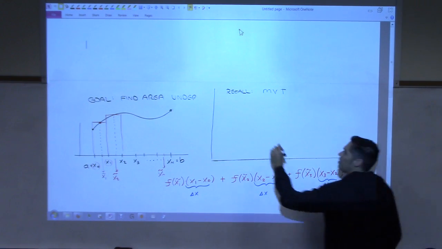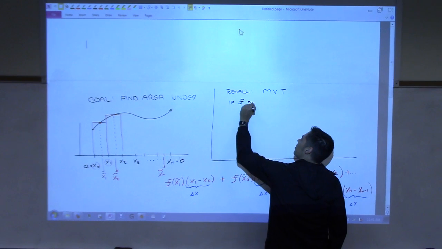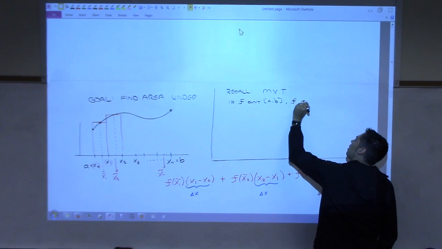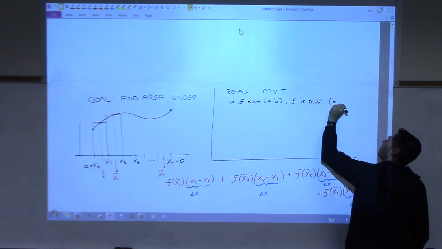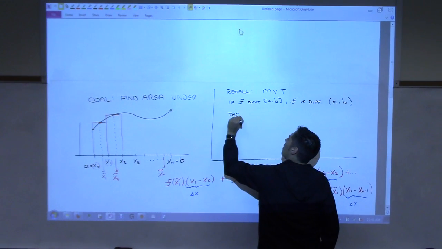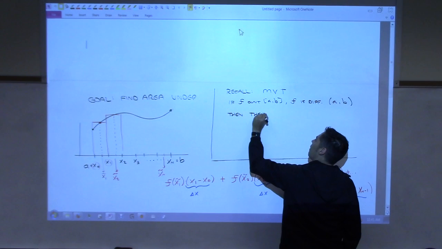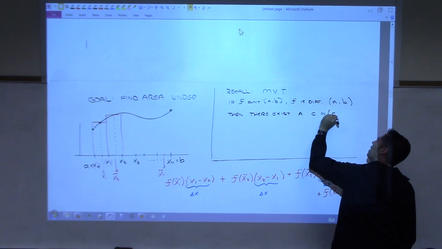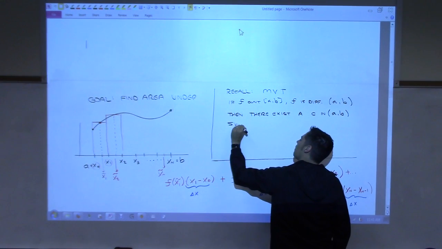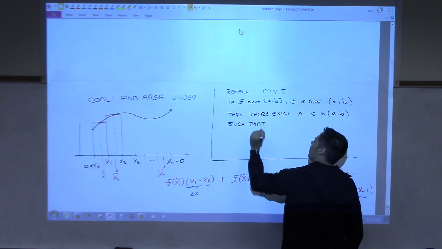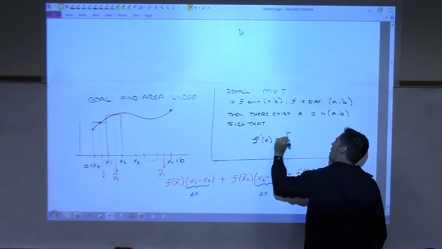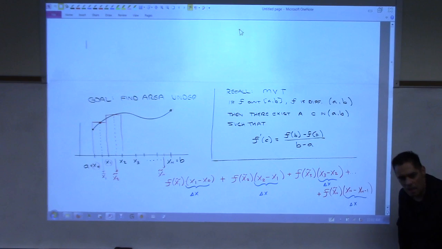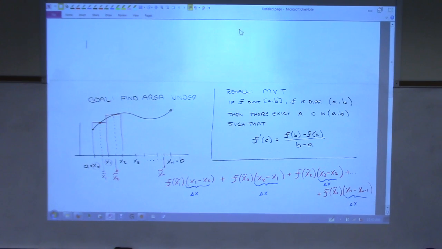The mean value theorem said if you have a function f and it's continuous on [a, b], and f is differentiable on the inside of it, then there exists a c in (a, b) such that the following is true: f prime of c equals f of b minus f of a over b minus a. Okay, that's the mean value theorem.